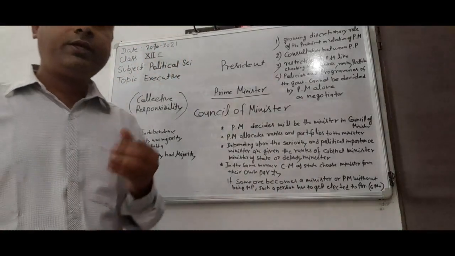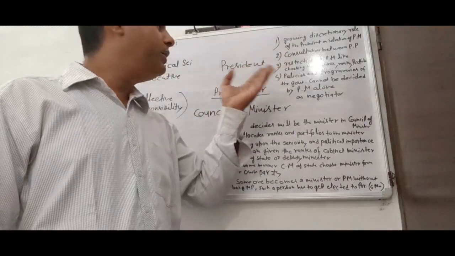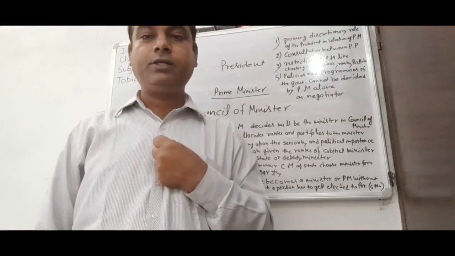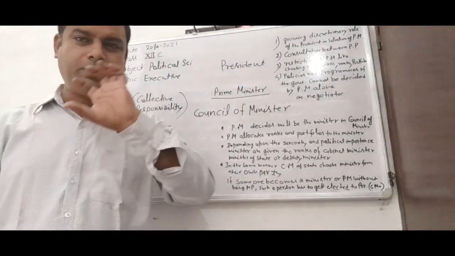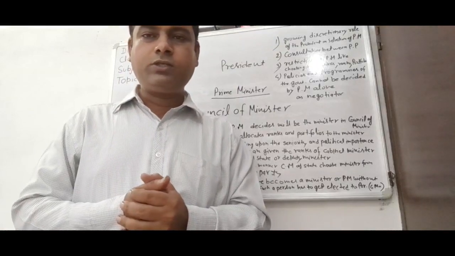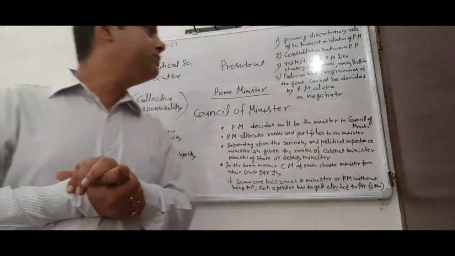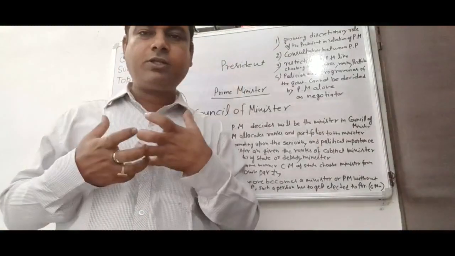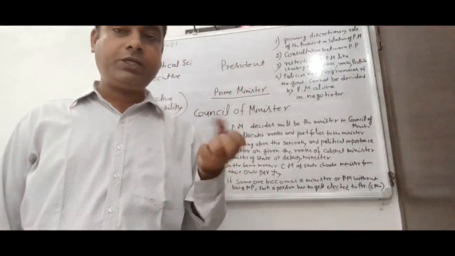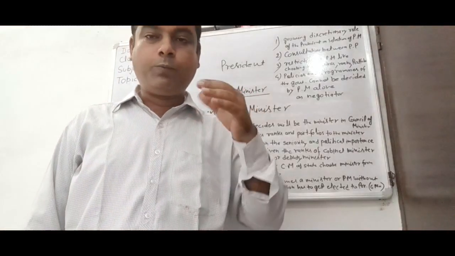And the third thing, class, is the restriction on the PM. Due to the coalition nature of politics, the Prime Minister is bound and cannot take every decision independently. There is a restriction on the PM in choosing the ministers and giving them their rank and portfolio.